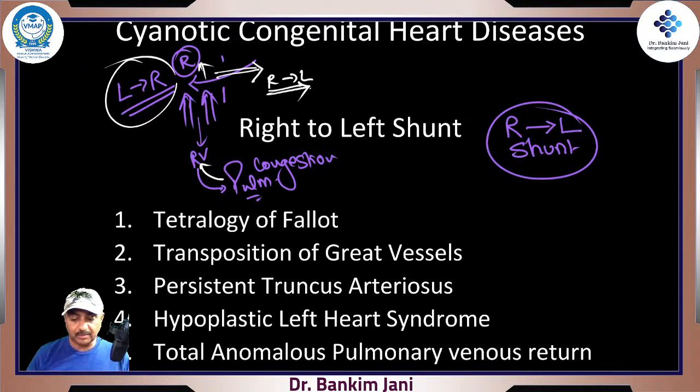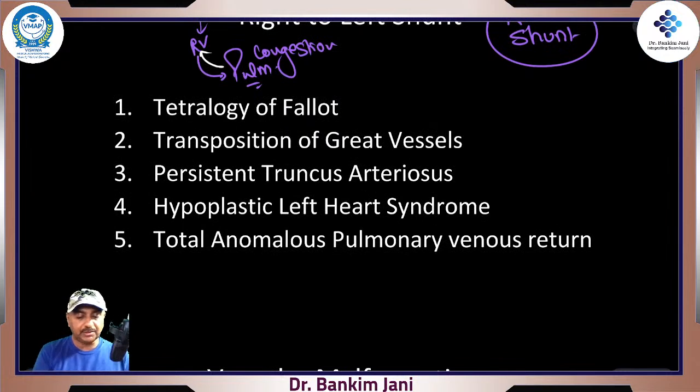But today we are talking about right to left shunt, and in right to left shunt, as the name suggests: Tetralogy of Fallot, Transposition of great vessels, persistent Truncus Arteriosus, Hypoplastic Left Heart Syndrome, Total Anomalous Pulmonary Venous Return, all these things where there will be multiple problems, right? So that's what our focus will be. Another important thing is right to left.